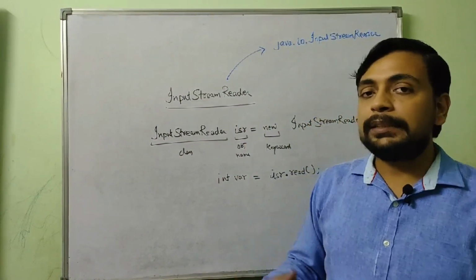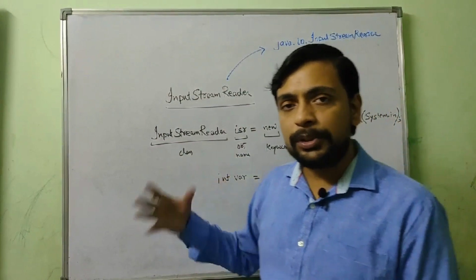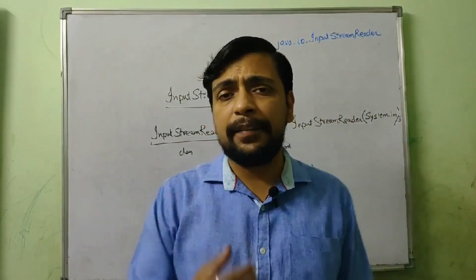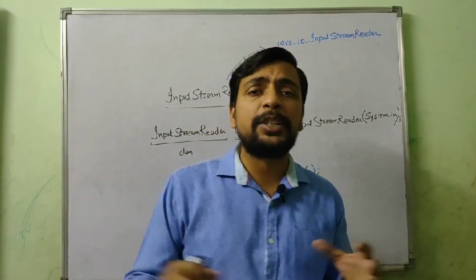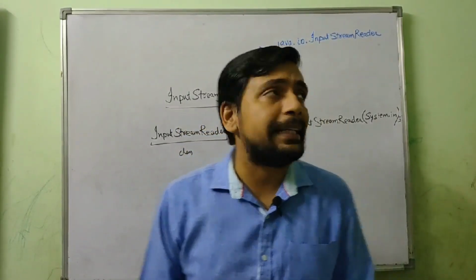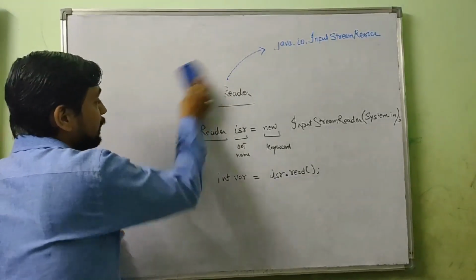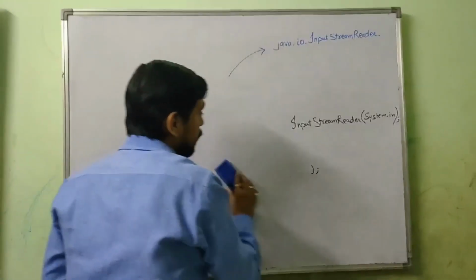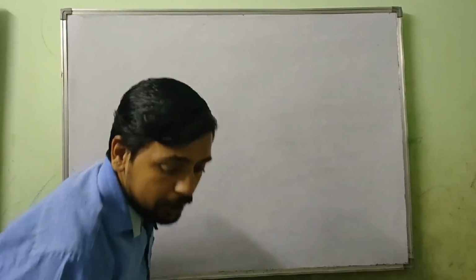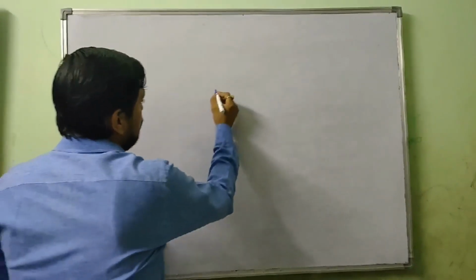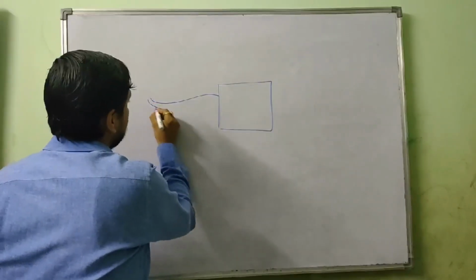So in two ways we have taken character values from the user. Now suppose the user wants to give a collection of characters. If you remember the block diagram that I created in the beginning of the lecture today, the program is actually connected with a stream.